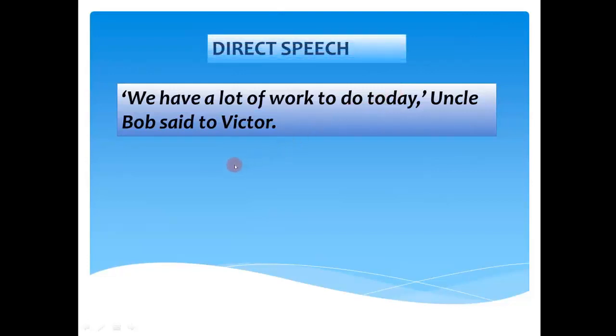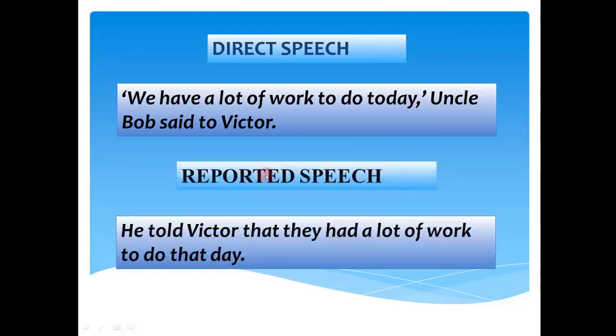Another example. "We have a lot of work to do today," Uncle Bob said to Victor. Reported speech: He told Victor, he means Uncle Bob. Instead of said, we say told. We change to they.